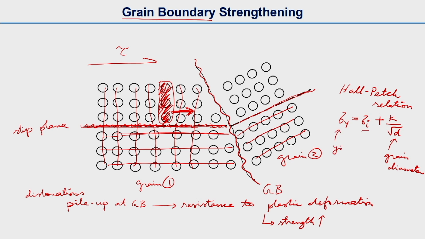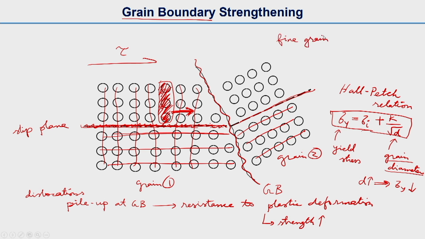So yield stress will decrease if we have a bigger grain. That means if the grain diameter d is higher, sigma y will be lower. For that reason, if you have a fine grain structure, meaning a smaller grain structure, the material will have higher strength.